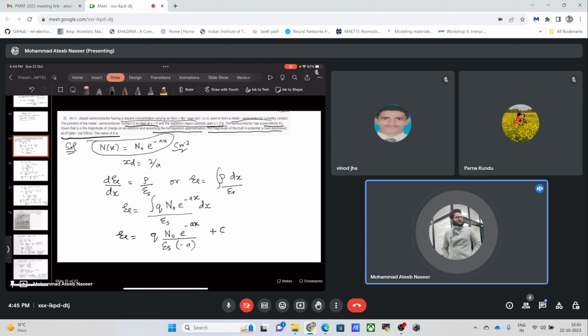I guess I have seen this problem previously. Someone else had also asked me the same thing. There is this sine px that is confusing everyone. It's my take, I don't actually know because I have not framed this question. But from whatever I can deduce, I would say that this doping profile should have been this and not exponential of alpha x.